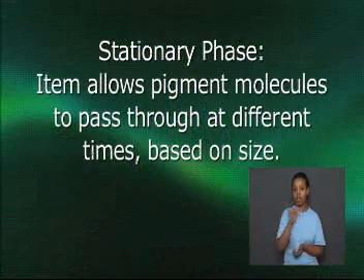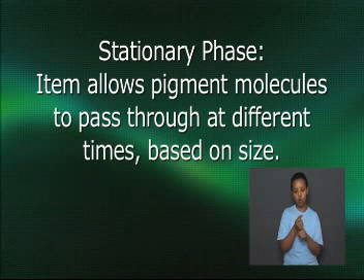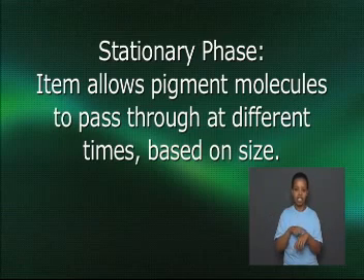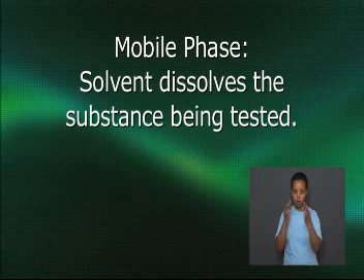Chromatography consists of two phases, the stationary phase and the mobile phase. The stationary phase is comprised of a stationary item that allows the pigment molecules to pass through it at different times based on their size. The mobile phase is the solvent that dissolves the substance being tested.